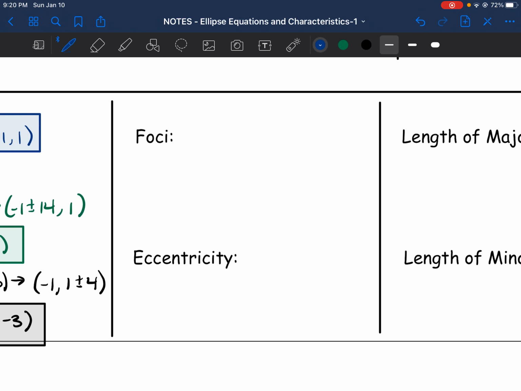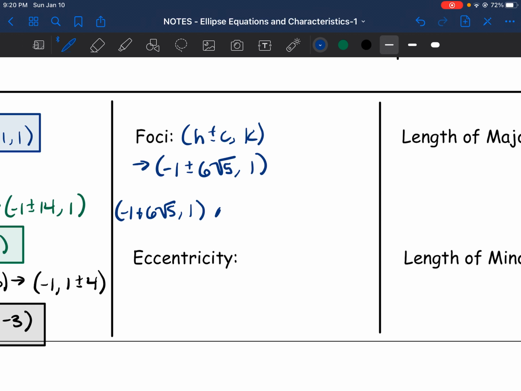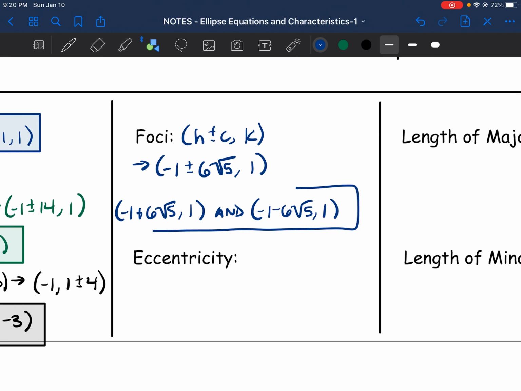Next, the foci. Again, for a horizontal ellipse, foci are given by the formula (h plus or minus c, k). In this case, that's -1 plus or minus 6 square root of 5, because we found c was 6 square root of 5, comma 1. And our two coordinates are (-1 plus 6 square root of 5, 1) and (-1 minus 6 square root of 5, 1).